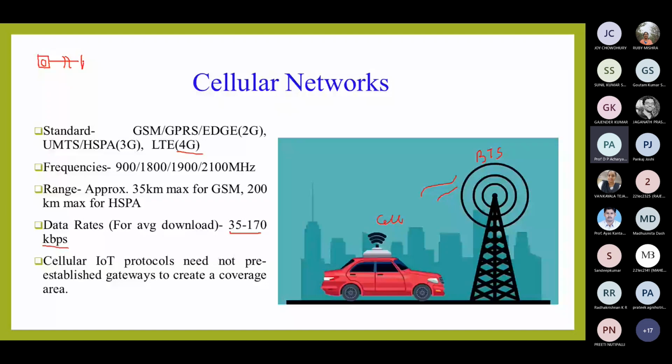So here you need to have communication. We generally do it through cellular communication, no doubt, but of course other communication protocols can be used. But observe that here the data rate is pretty high.